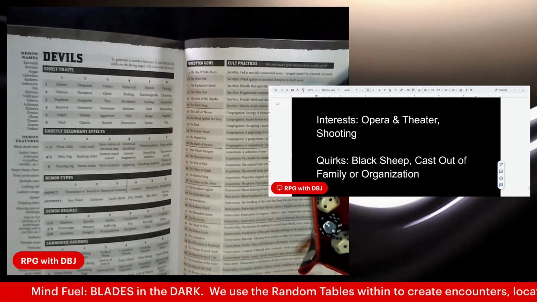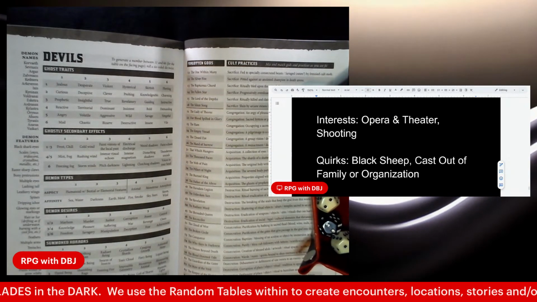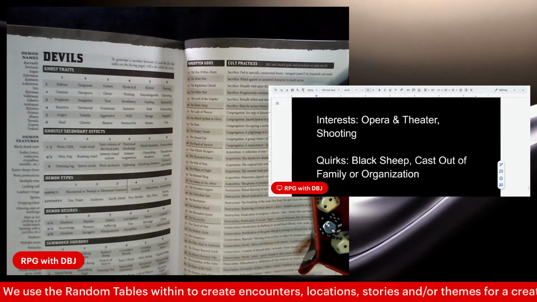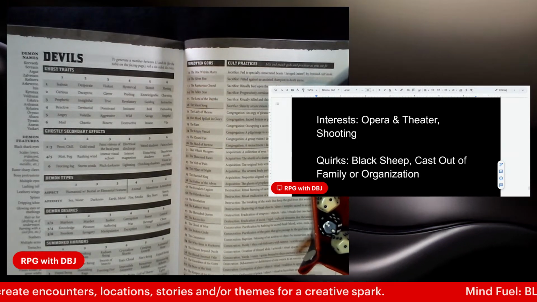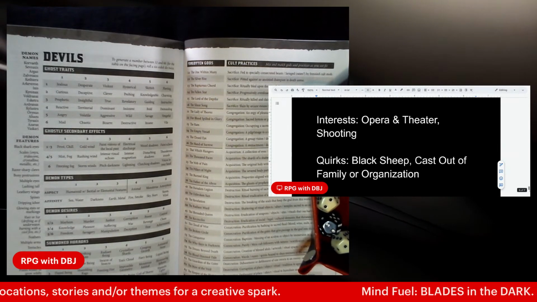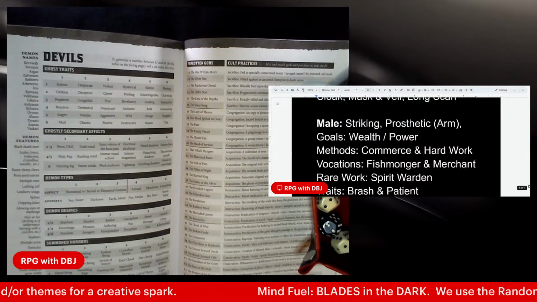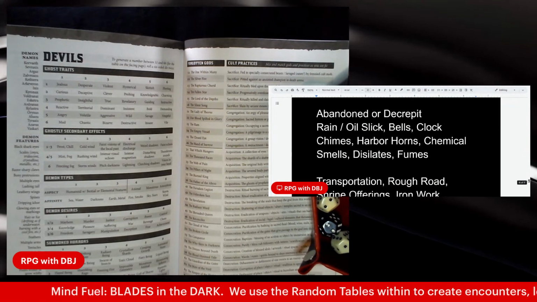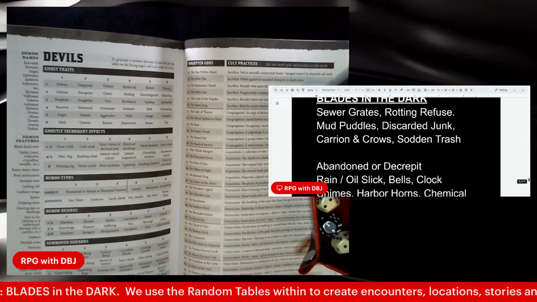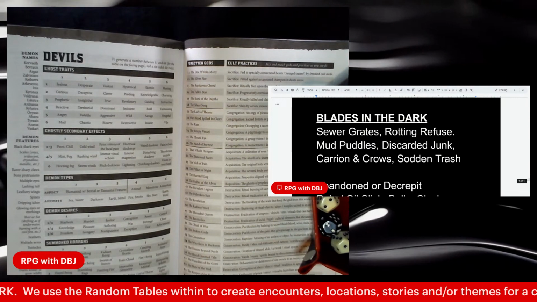You got to have ourselves some cults that we have to be scared of, and so on and so forth. So love ourselves some tabletop random tables to use for prompts. This is just an example of working through a ton of prompts for Blades in the Dark.